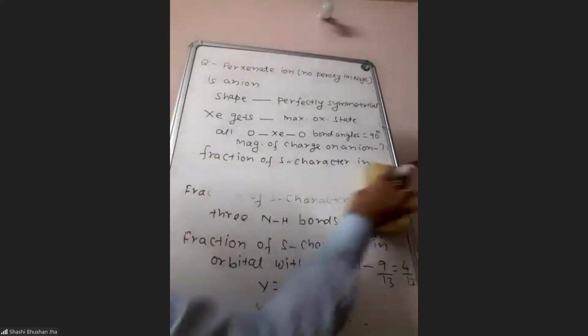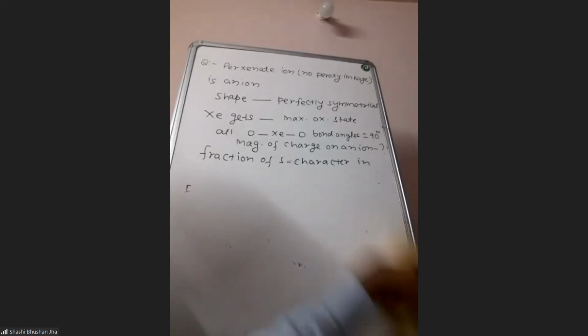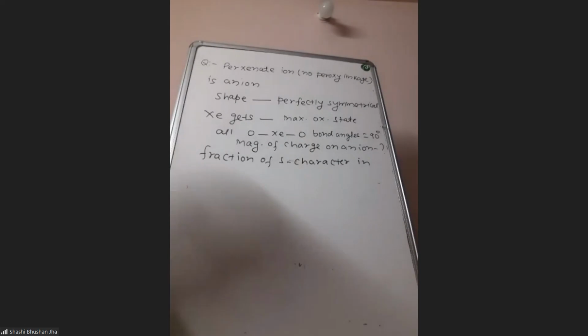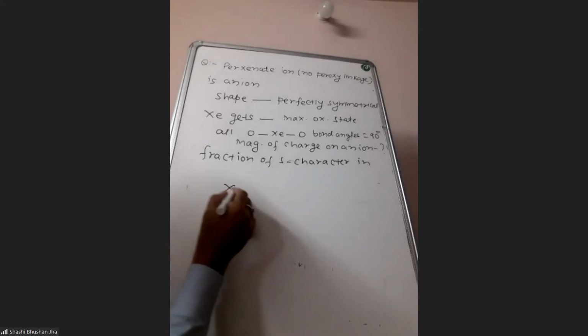4, sir. You tell? 4, sir. What is the formula? XeO6 4 minus.